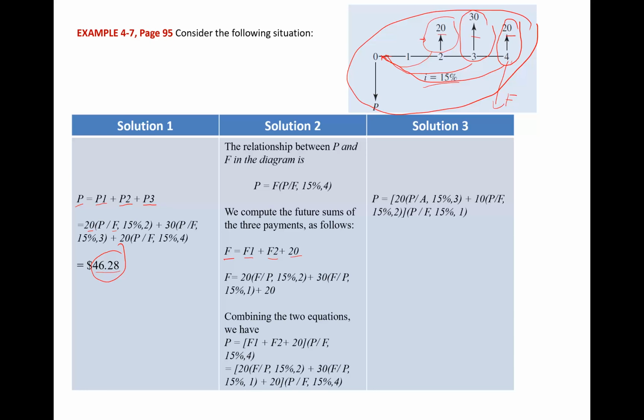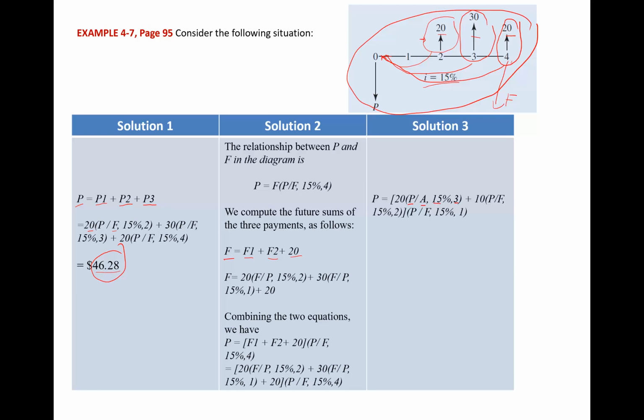After that we add the 10 from the 30 and we can get the total present value. So it's 20, looking for present value given A, 15%, 3 years, plus the $10 from 30 here, looking for P given F, 15%, 2 years.